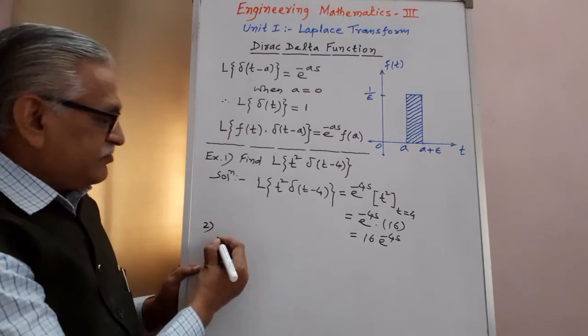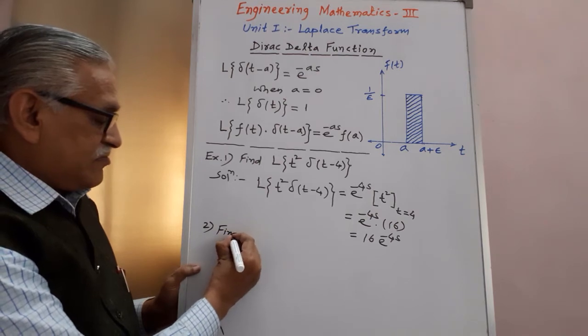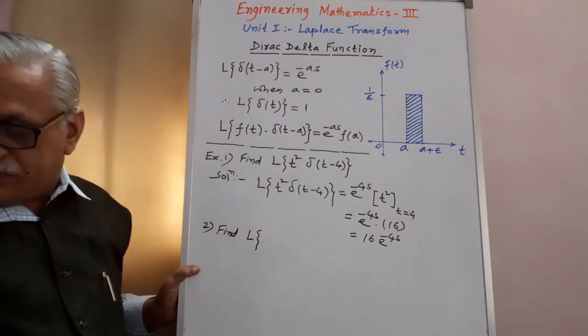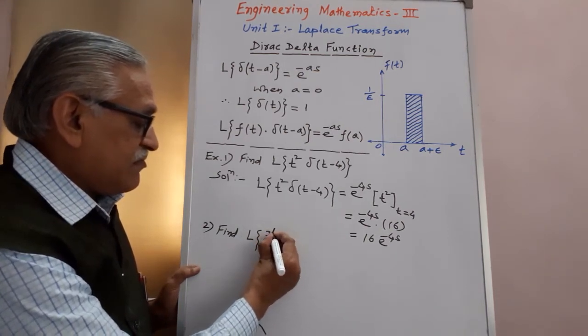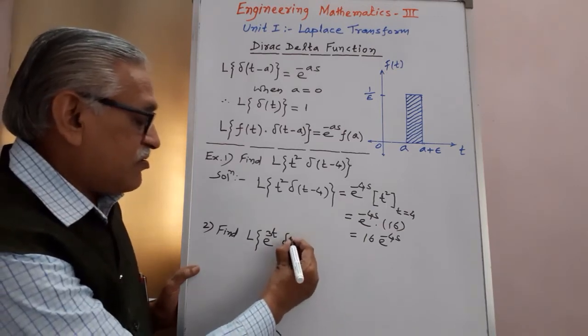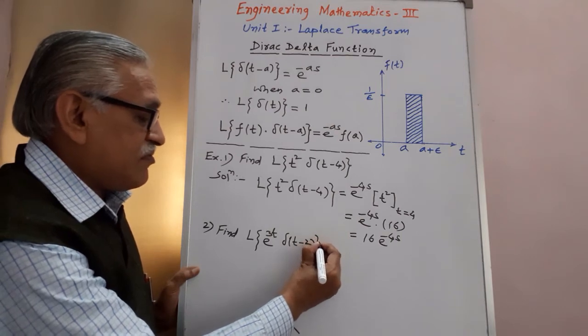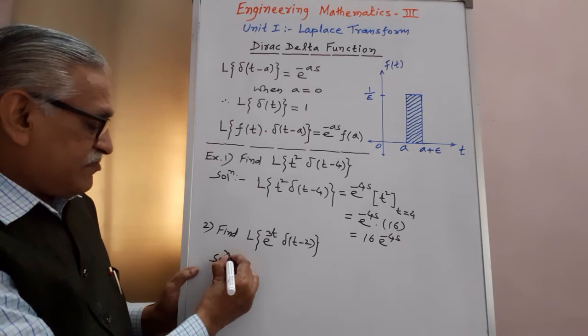Then second, find Laplace transform of e raised to 3t into delta of t minus 2. Solution to this problem.